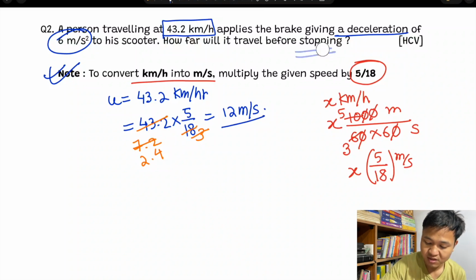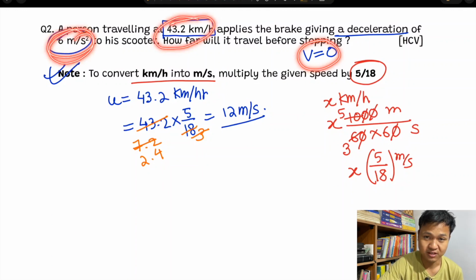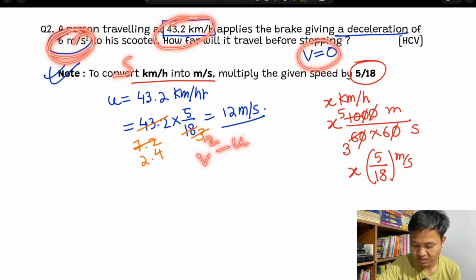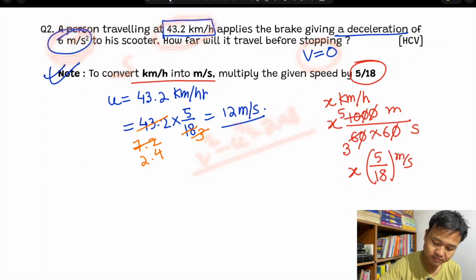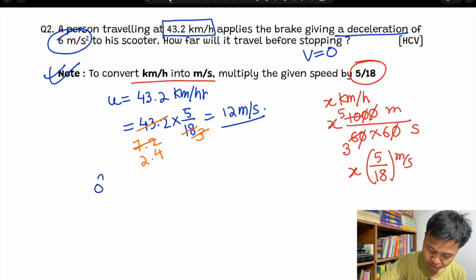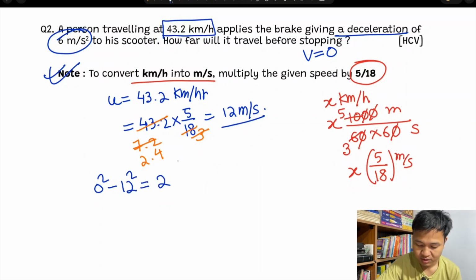Now the final velocity is 0. We have the final velocity, the initial velocity and the acceleration, and s is asked. So I have to apply v square minus u square equals twice as. So 0 square minus 12 square equals 2 into the deceleration.